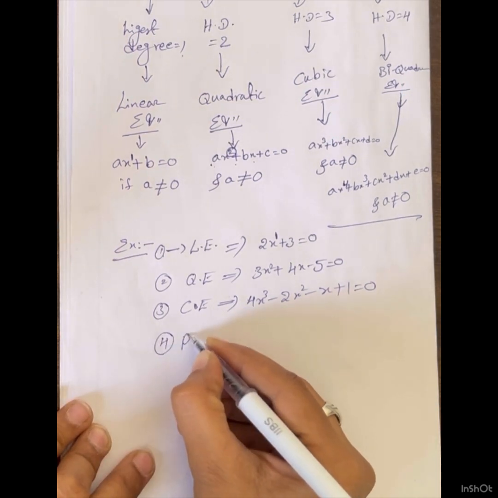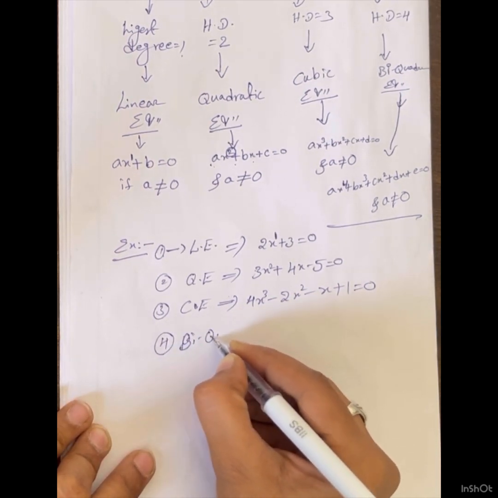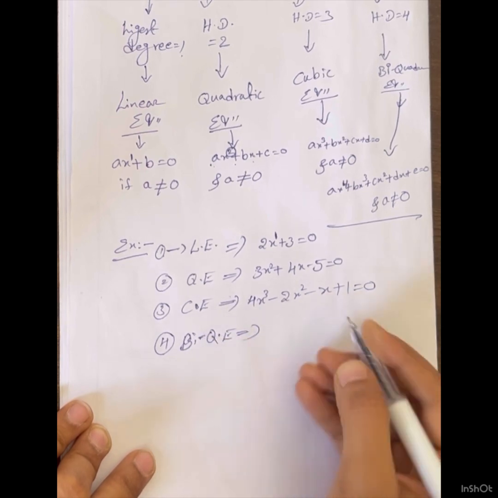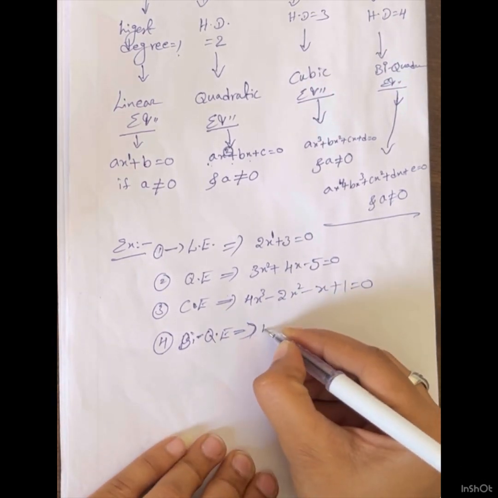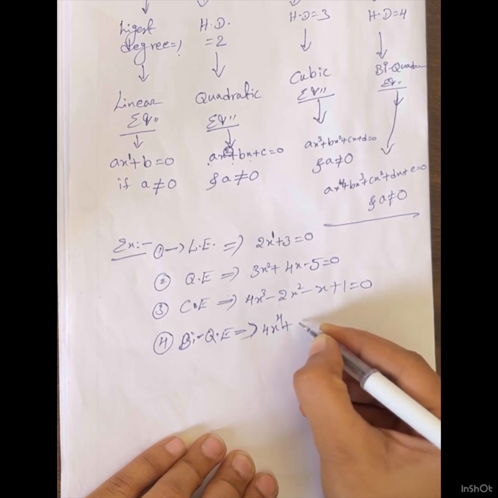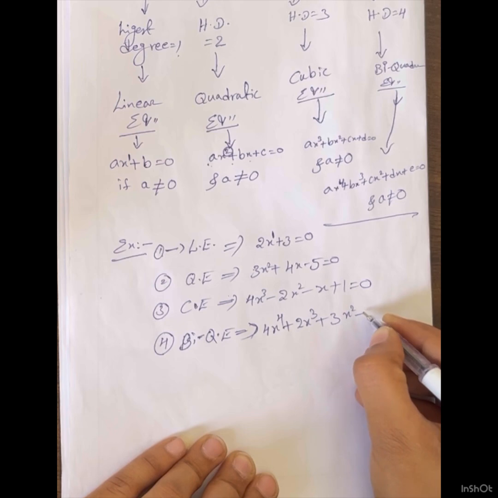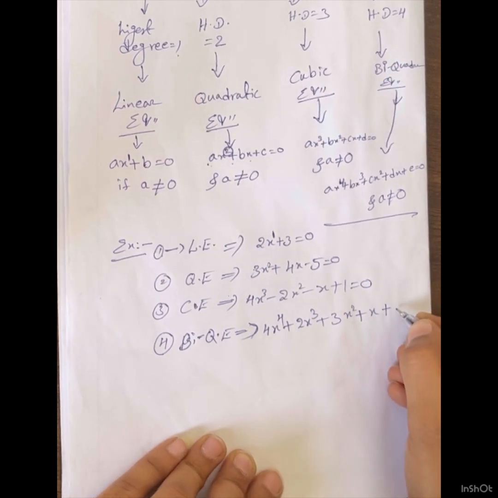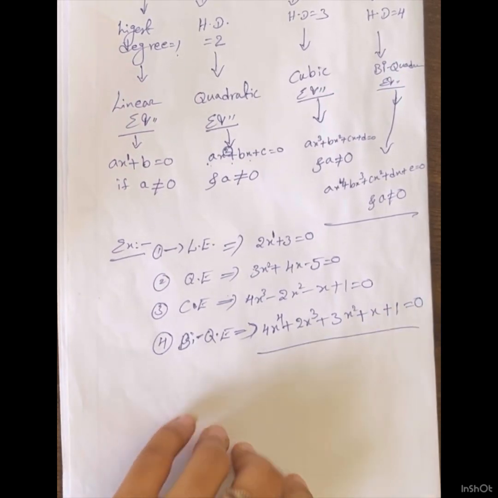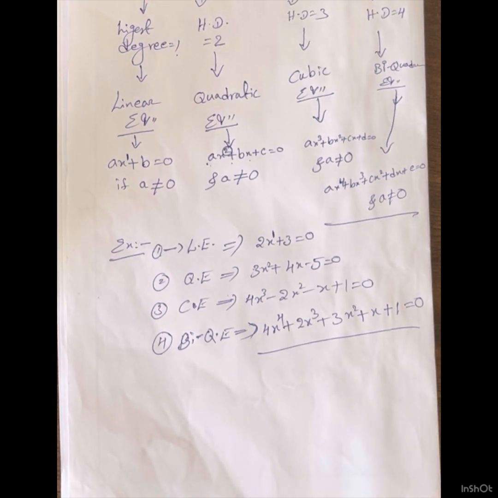And the biquadratic equation: 4x power 4 plus 2x cube plus 3x square plus x plus some constant, 1, is equal to 0, or plus or minus, write down any number. So this is the example for the biquadratic equations. This is the simple discussion about polynomial equations, the types of polynomial equations, and how to write the examples for them. Thank you.